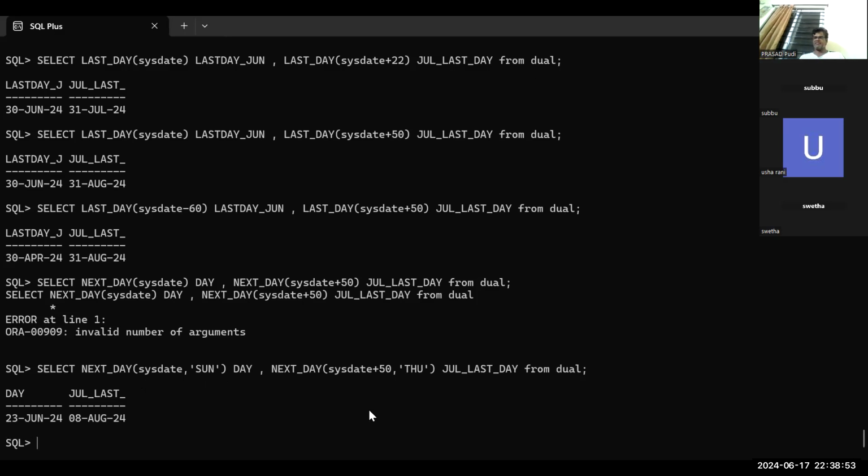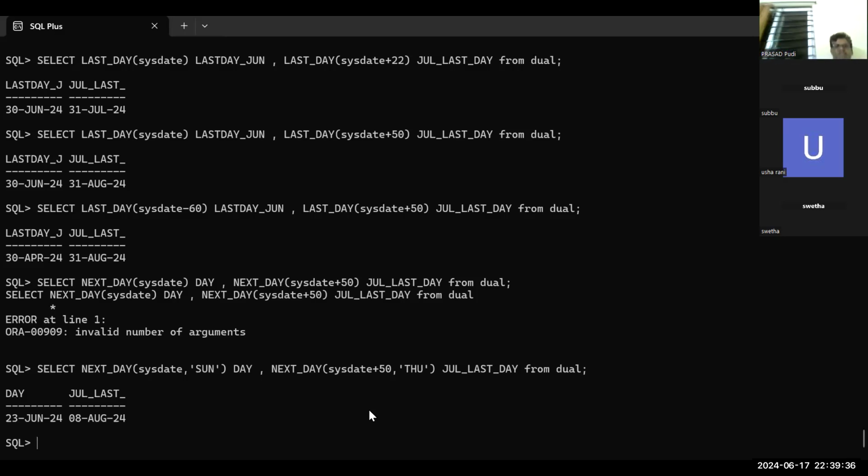Next Sunday, what date is it showing? If you see here, 23rd is a Sunday. Same way for July, 8th August. 8th August is whatever day it is coming. 8th August is Thursday. Same way it will come.